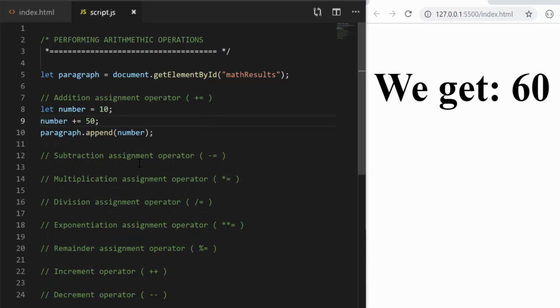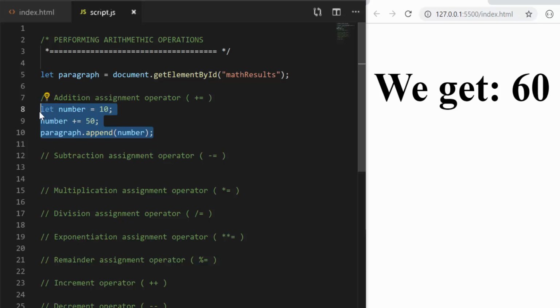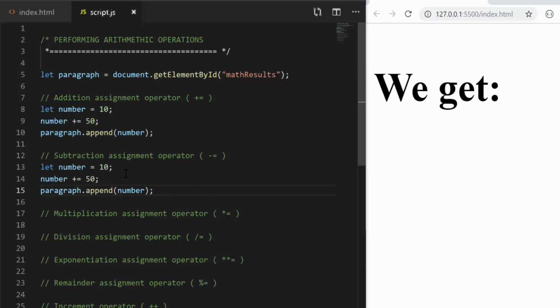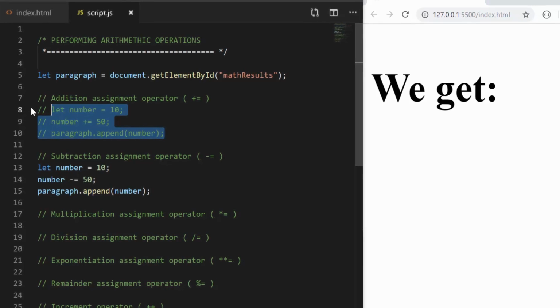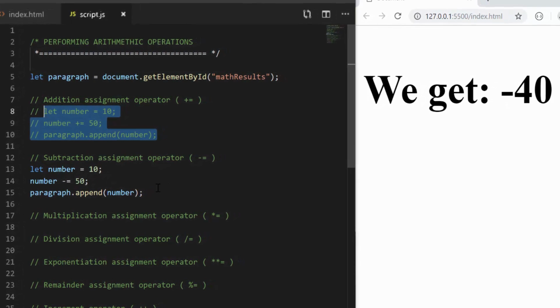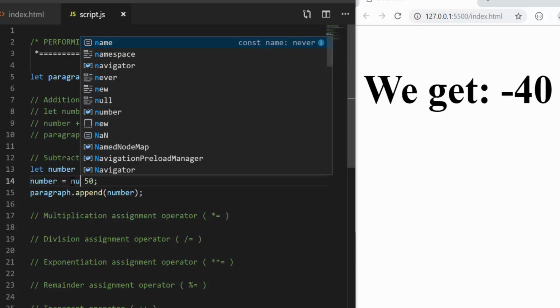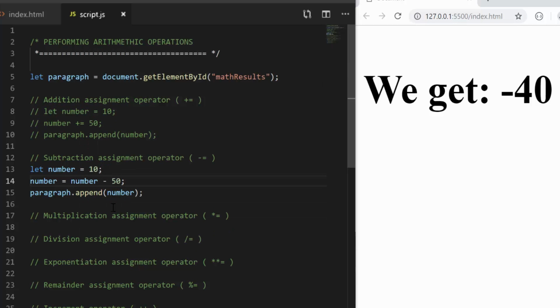Let's now look at how this works with subtractions. I'm going to copy this and paste it right here, but this time around I'm going to add minus and comment this out, and we get minus 40. Again, keep in mind that this is actually the same thing as writing this.